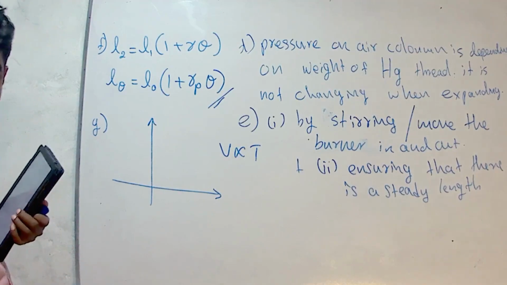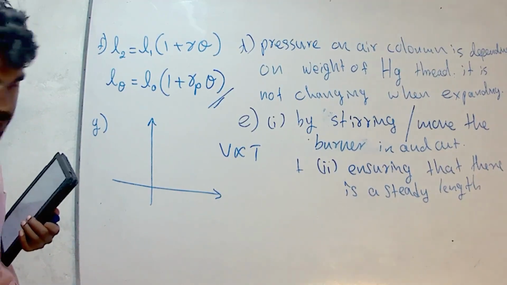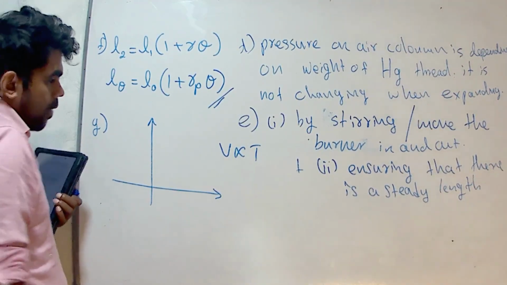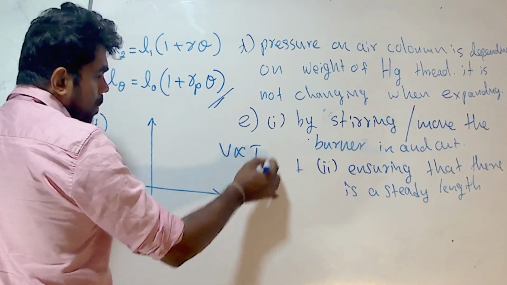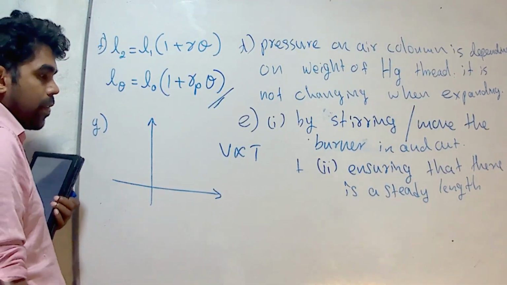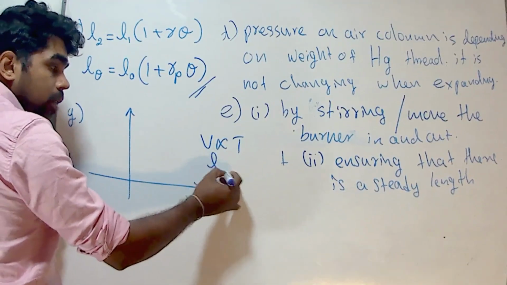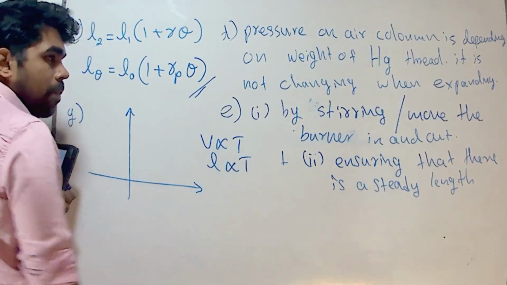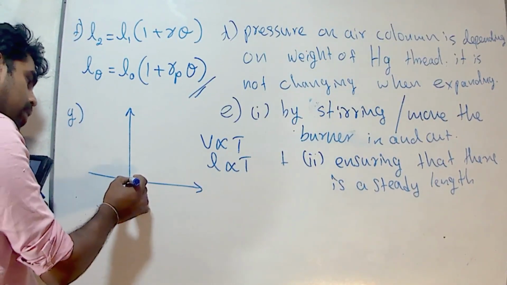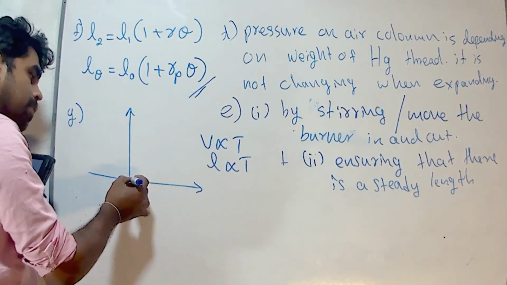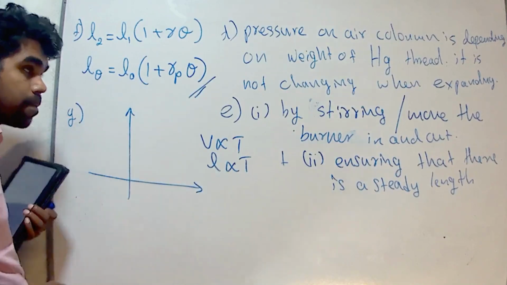Absolute temperature means Kelvin temperature. And if we are using Kelvin temperature for x-axis, length also directly proportional to Kelvin temperature. Therefore, we have to draw a graph which is passing the origin.